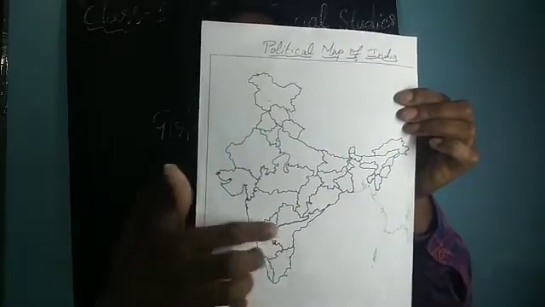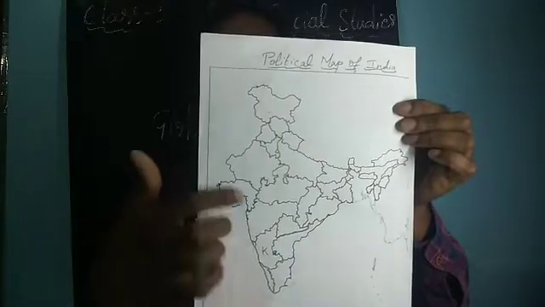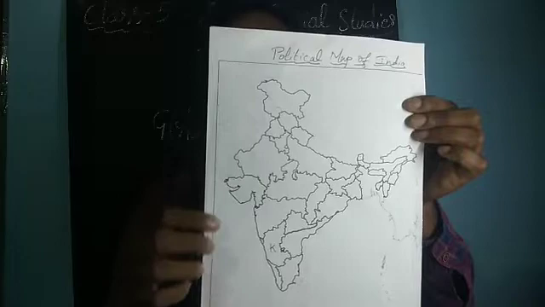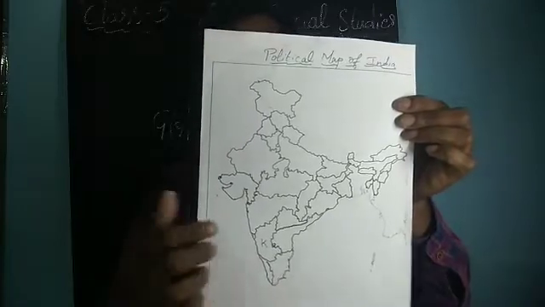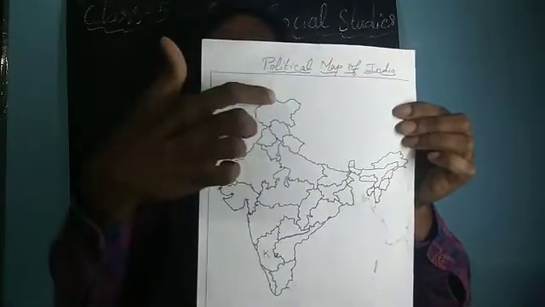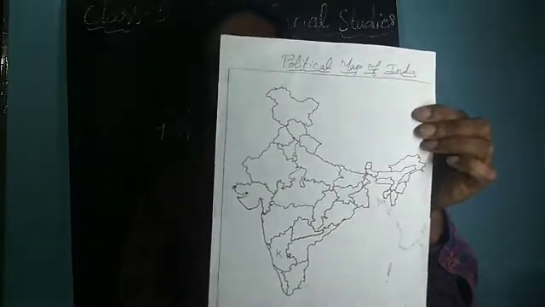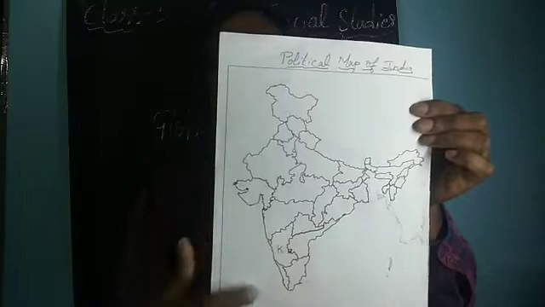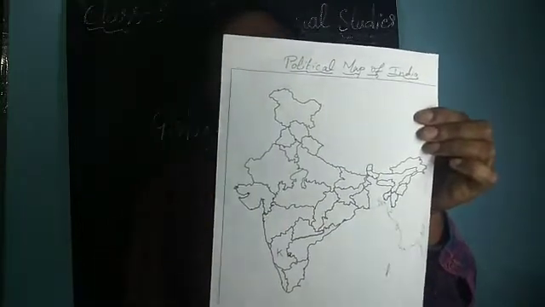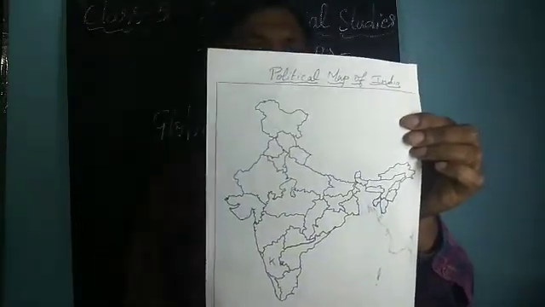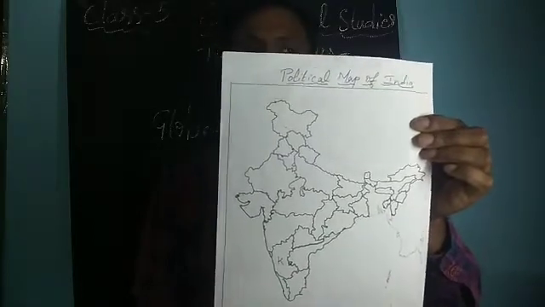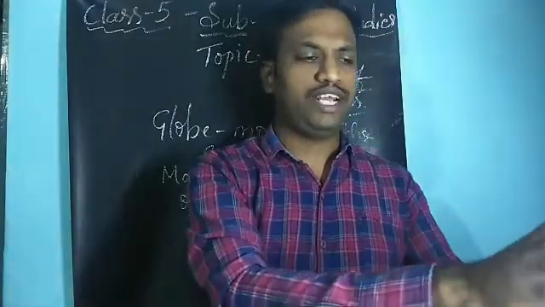You can see Tamil Nadu, Kerala in the southern region, Gujarat, Rajasthan towards the west part, and you can see the eastern states and the northern states also. This is an outline of a political map which shows the different states. This is a type of map which helps us to show the different states in a country. Okay, this is one type of map which is called a political map.